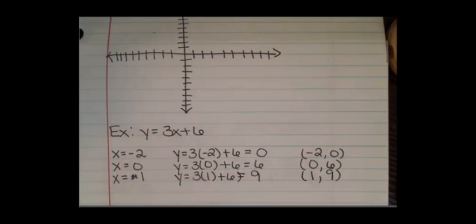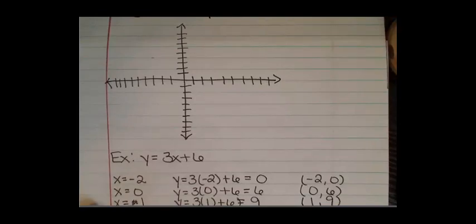Now we have 3 points. Let's plot those and see if we can get a line out of that. So we have -2, 0, so it means we're not going to go up at all. Then we have 0, 6, 1, 2, 3, 4, 5, 6. And then our last point was 1, 9.